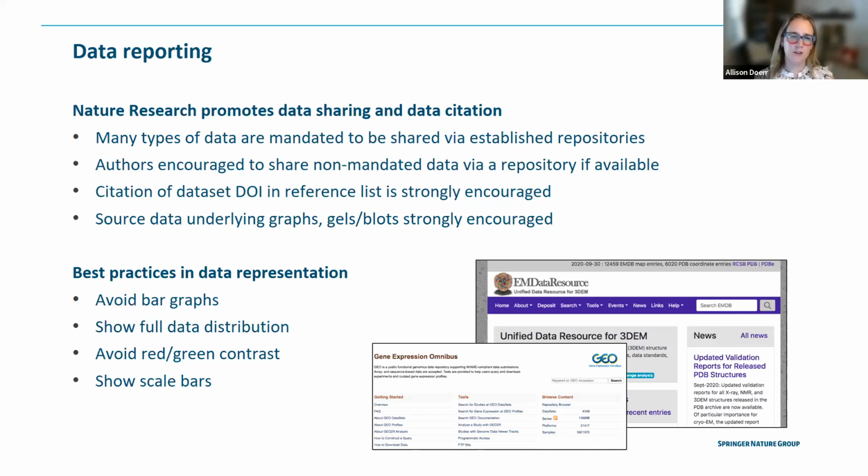Authors are still encouraged to use general purpose repositories such as Figshare as much as possible to share their data. We also strongly encourage citing dataset DOIs on the reference list, again, for citability and making it easy to find. And we also ask for source data that's underlying the graphs in a paper and also gels and blots.